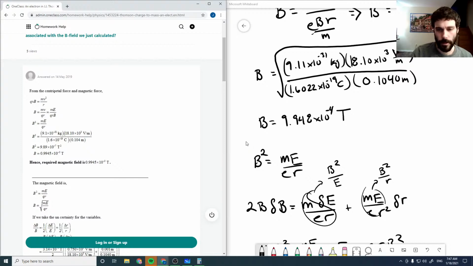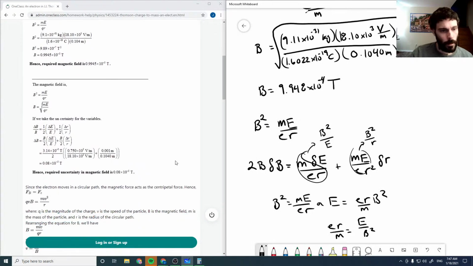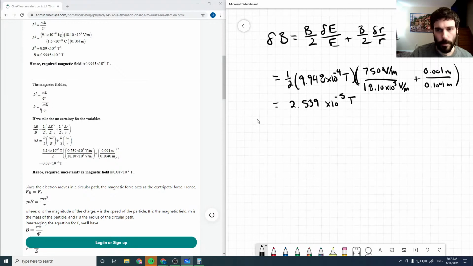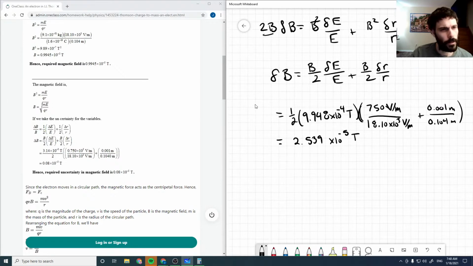The last digit is a little different, but that would just be rounding differences. And the uncertainty in our field comes out to be significantly different. Oh, but they have a different B field here. That's kind of odd.